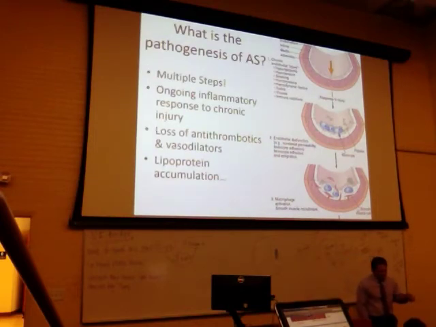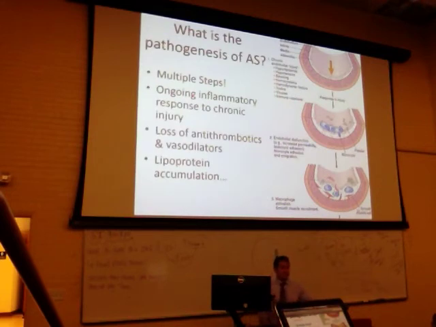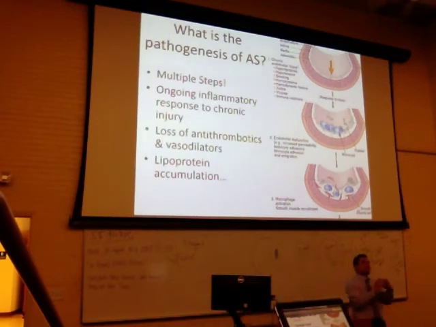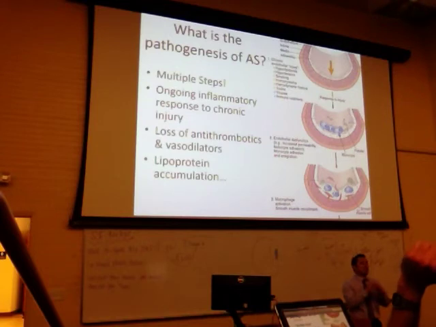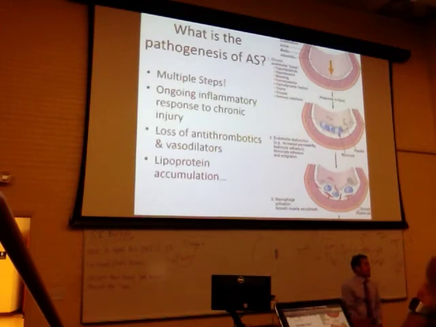The endothelium that normally is supposed to be anti-thrombogenic, and is supposed to allow for vasodilation of the vessel, no longer does that. Now you start to accumulate in this lesion fat, lipoprotein. And you get a fibrous scar. Then cholesterol deposits there, and you'll get calcium that deposits.